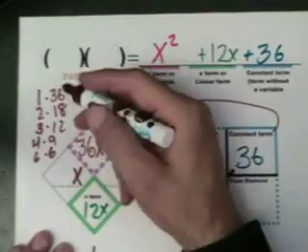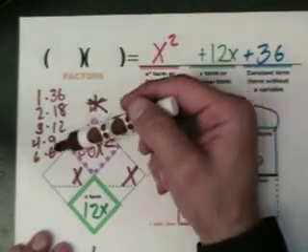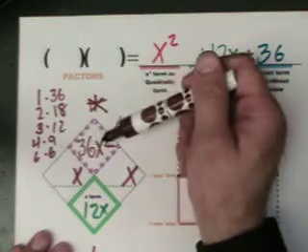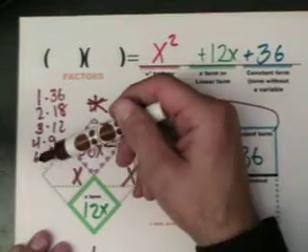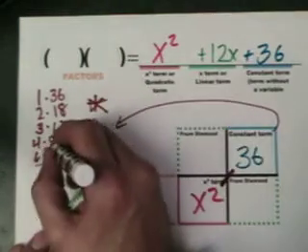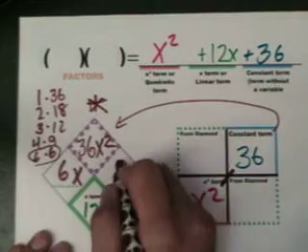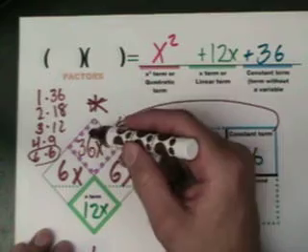So we've got all the ones. Okay, so which ones of these, if I multiply them I get 36, and I add them and I will get 12? Well, it looks to me like this is the set of numbers that will do that, so I'm going to plug them in and see if that works. 6 plus 6 is 12. 6 times 6 is 36.